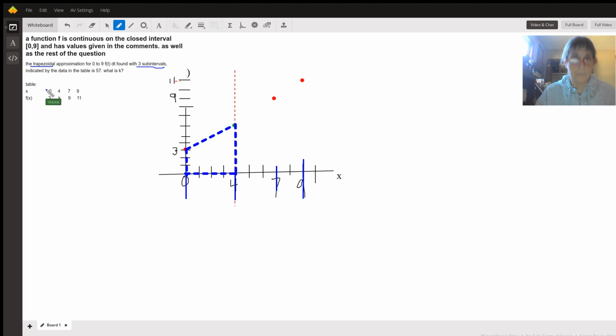Well, let's just do it over here. The area of a trapezoid is 1/2 the length of base 1 plus the length of base 2. And remember, those bases are the parallel ones, times the height, which is the distance between the bases. We'll call this area 1.